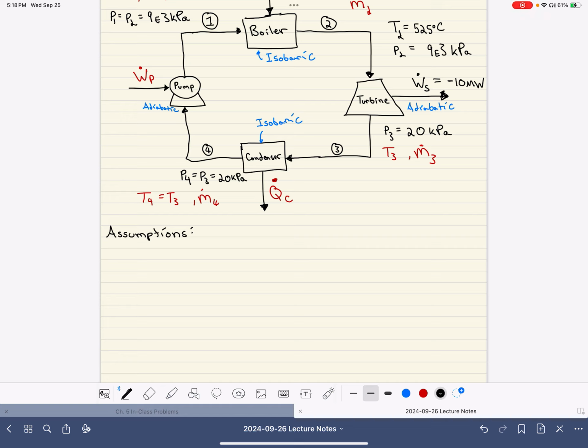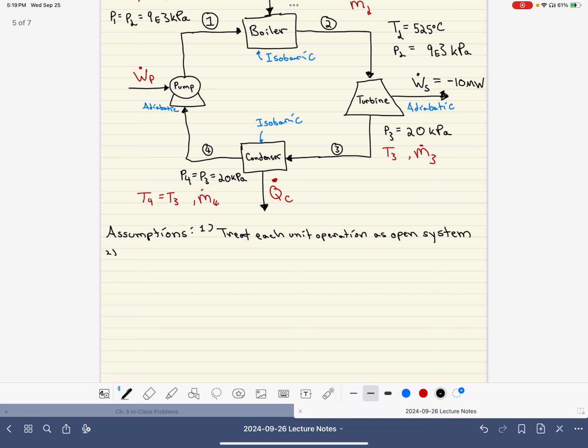As far as the assumptions we need to make, for each piece of equipment, we're going to treat each unit operation as an open system, okay? Because mass is crossing the system boundaries, right? Steam is going in and out.